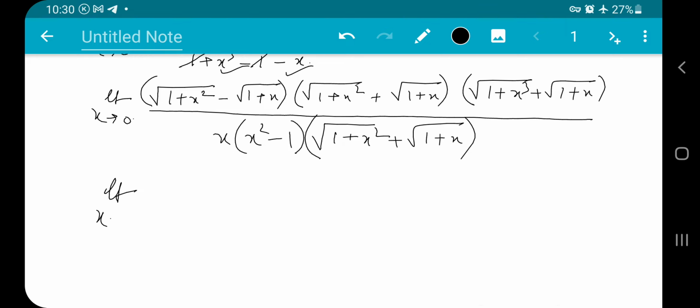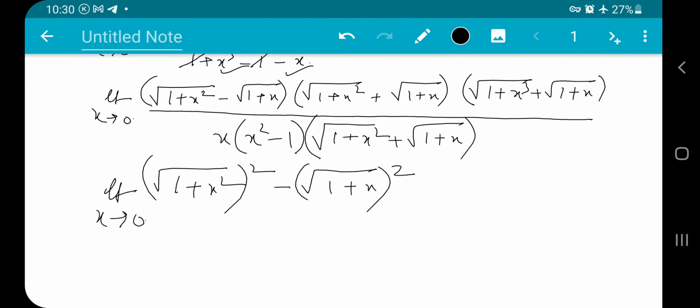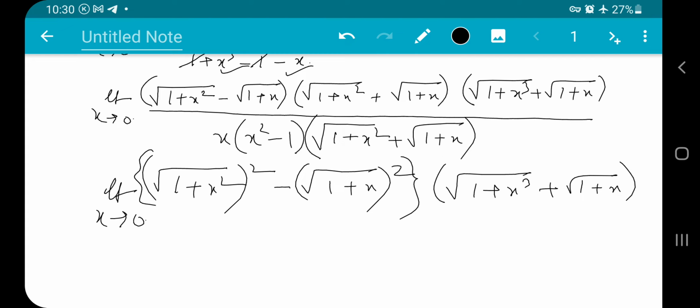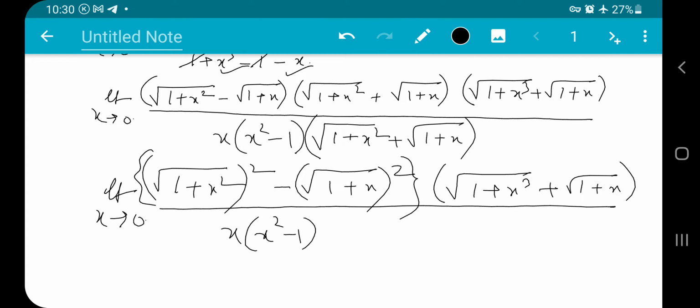So we can solve this one. It will be becoming 1 plus x square whole square to 1 plus x whole square and root over 1 plus x cube plus root over 1 plus x by x square minus 1 to 1 plus x square to 1 plus x.